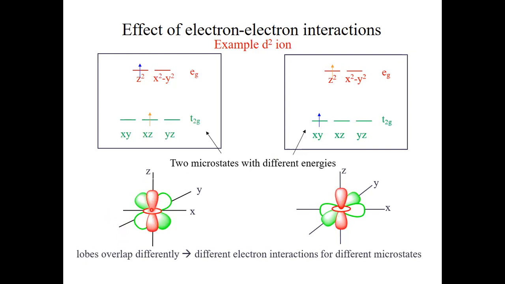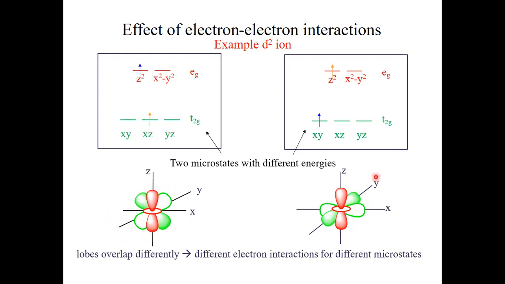Here we have a dz square orbital interacting in this case with a dxz, while here we have the same dz square orbital interacting with a dxy.